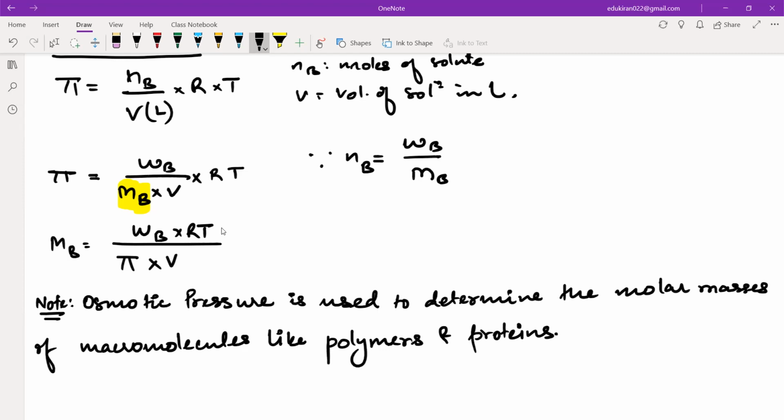Okay, this question was asked for 2 marks. Simple, isn't it? It was asked which method is used to calculate the molar mass of macromolecules like polymers and proteins. This was asked for 2 marks in CBSE 2015.